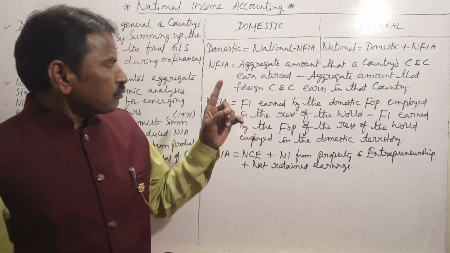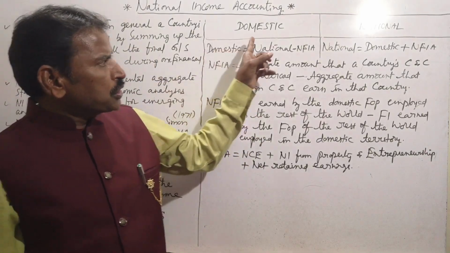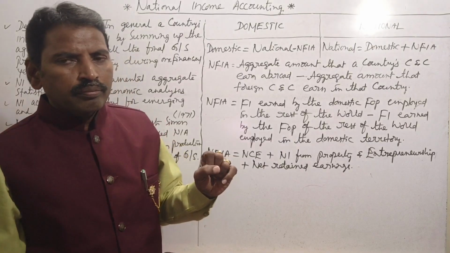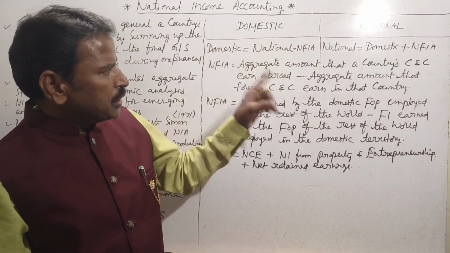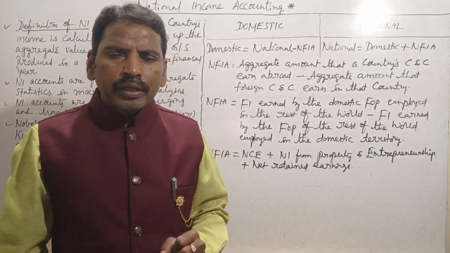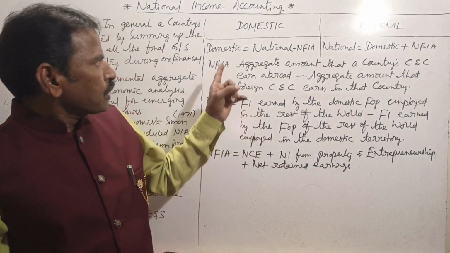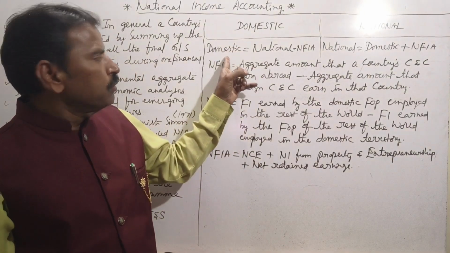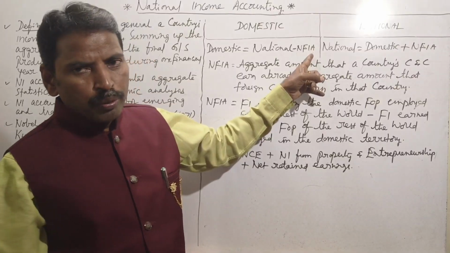Next, what is the difference between domestic and national? The difference between domestic and national is net factor income from abroad. So domestic is equal to national minus net factor income from abroad.